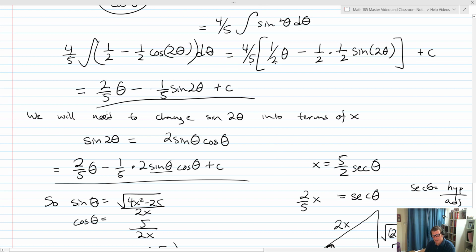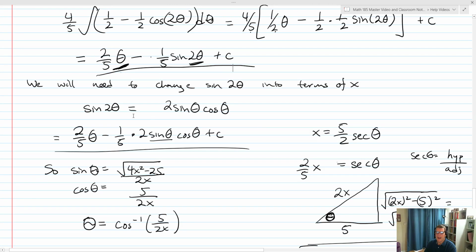Now, what we want to remember is that our original function was not in terms of theta. We're going to have to make a substitution. And that's where this one gets kind of cool, because if you have a sine 2 theta inside your function, you need to change that into 2 sine theta cosine theta, so that the arguments match. The theta and the theta are the same.